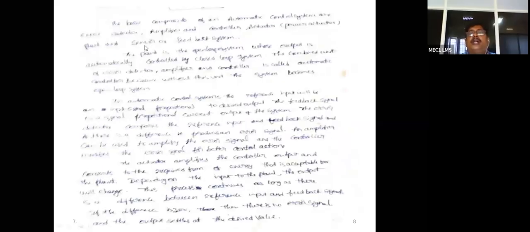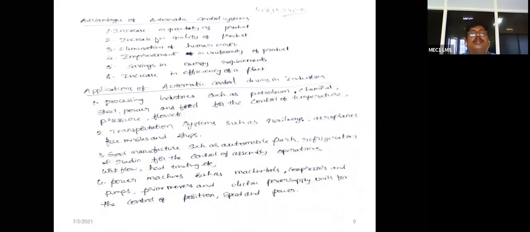So the advantages of automatic control are an increase in the quantity of the product in manufacturing processes, improved quality of the product, and elimination of human error. We can eliminate the error, and improve the uniformity of the product.